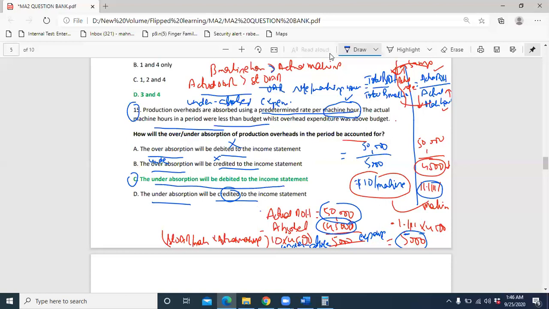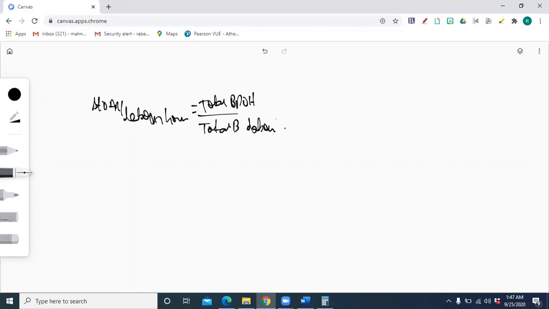Okay, that's how you would be tested in your exam. Or if it was the other way around, it could ask you. Let me create a scenario. I'm going to write standard OAR per labor hour. For example, if the absorption basis is labor hours, the formula would be total budgeted production overhead divided by total budgeted labor hours, right?